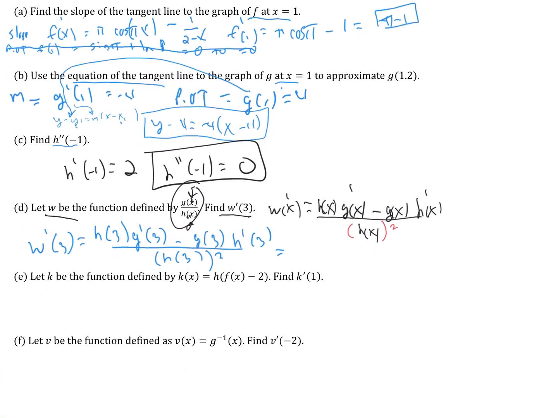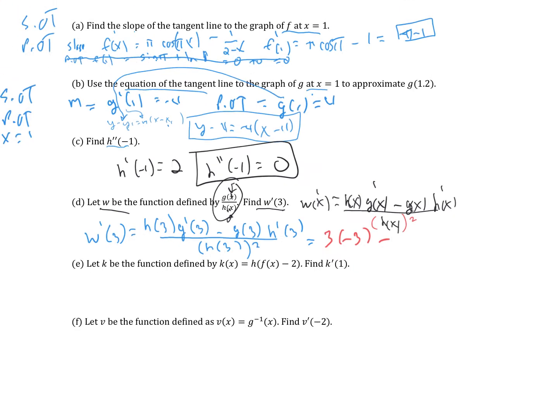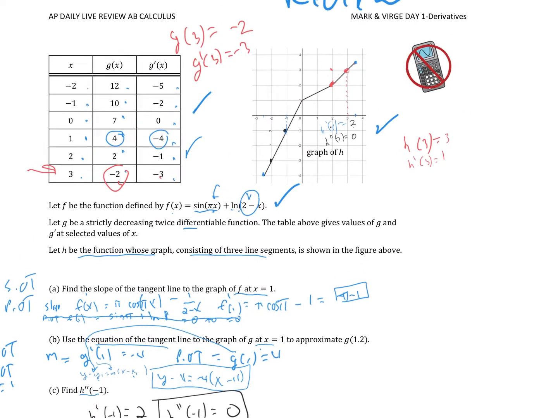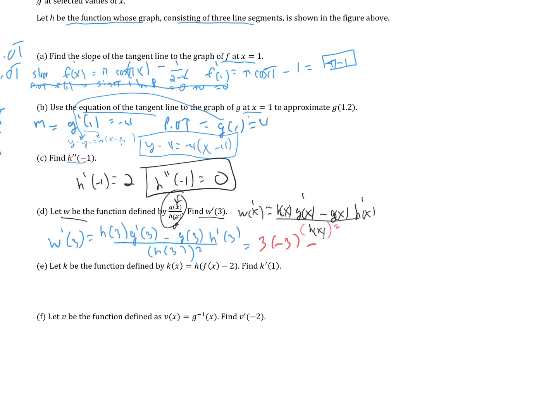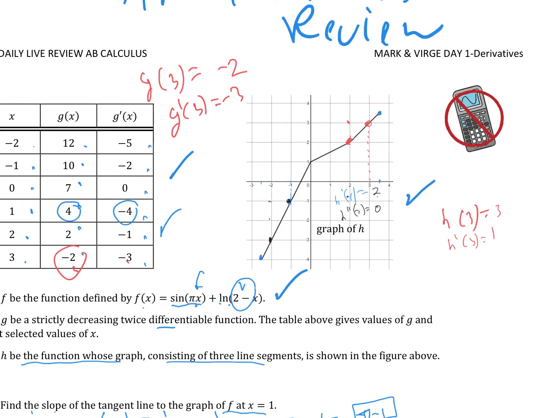So far I've got 3 times a negative 3 minus g of 3, I already forgot, was a negative 2. So I have a minus minus. Maybe I'll make that a plus.